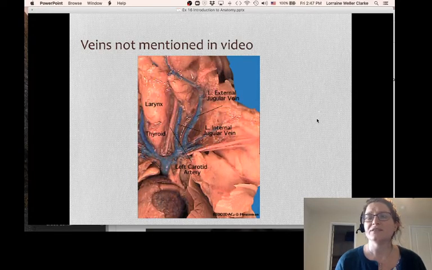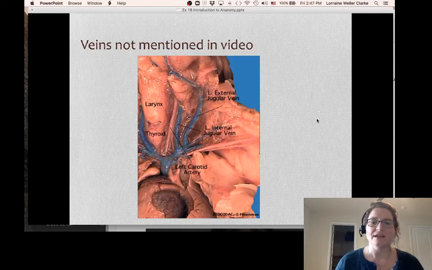Also in the video, they don't mention the jugular vein and such, but remember that veins take non-oxygenated blood and pull it back. Arteries move it out. So what you see is that the artery has pink in it, the jugular has blue, and we dyed the pig to make it look like this, but the concept here is that these are major vessels that bring blood to your brain.